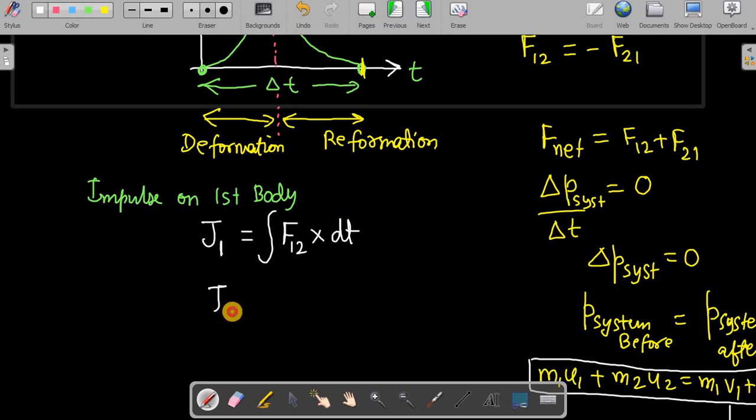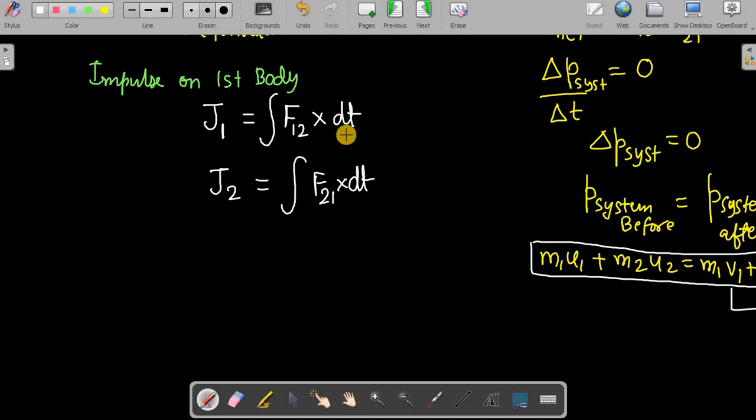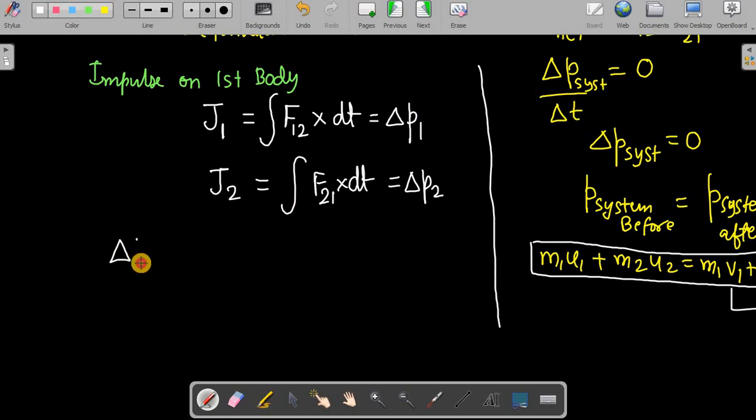Then similarly, J2 is the impulse on the second body. It is F21 again into dt, because it's a variable. Now this is the change of momentum of the first, and this is the change of momentum of the second. So if you take the total change, this is another way we are understanding the change of momentum of the system: delta P1 plus delta P2, or you can say impulse 1 plus impulse 2.